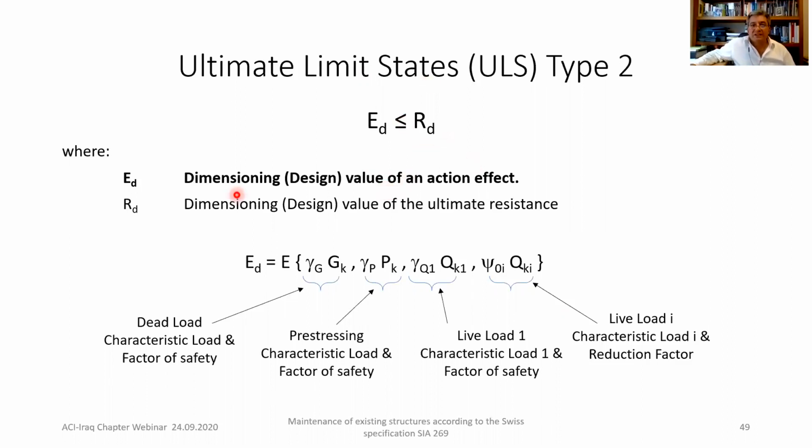For the resistance, we have R_d, and you can see that both of them have a small d. That means it's a design value, with the factor of safety. It's not alone. If we are talking about dimensioning, which is design, we love to call it dimensioning, or in French, dimensionnement. We have the combination of this part.